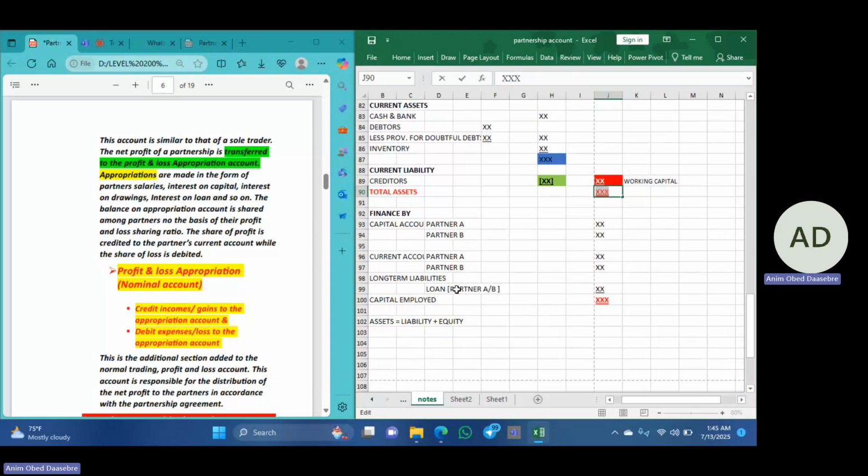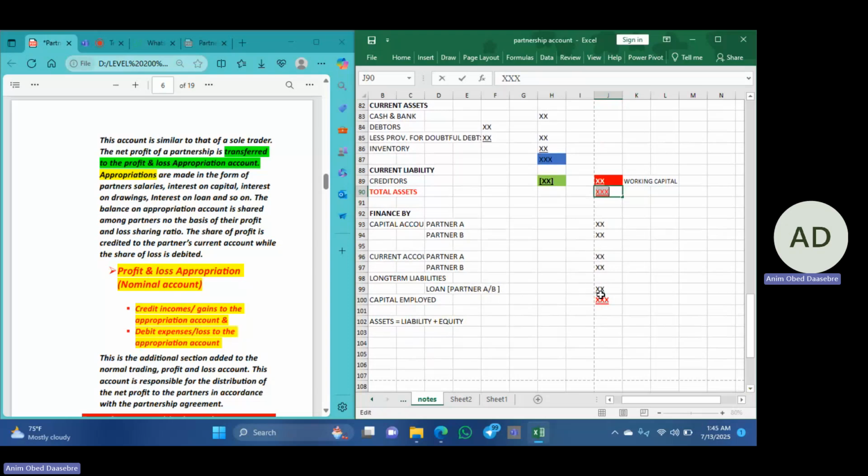That's a long-term liability. Usually the loan is only one; maybe a partner will take a loan, then you record that amount over here. So if it's partner A, you record the loan for partner A over here. If it is also partner B, you record the partner B loan over here. Then you sum all of them up.